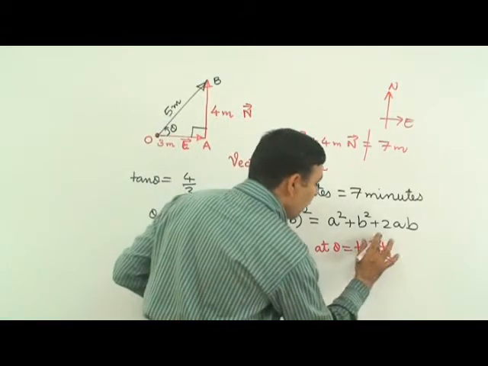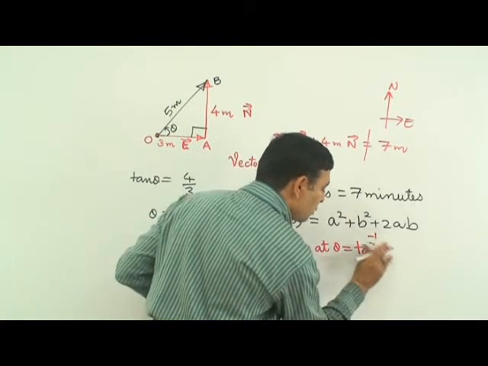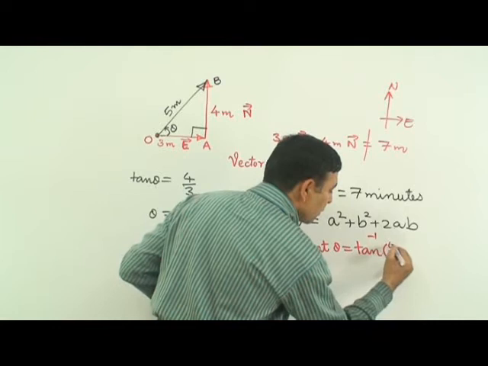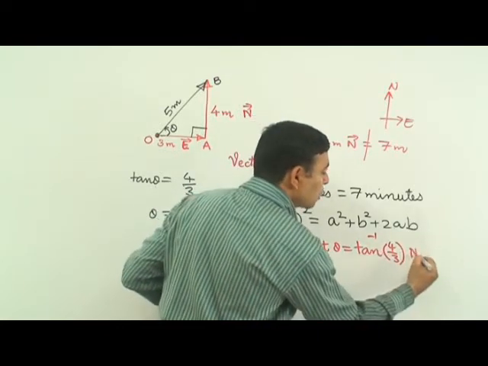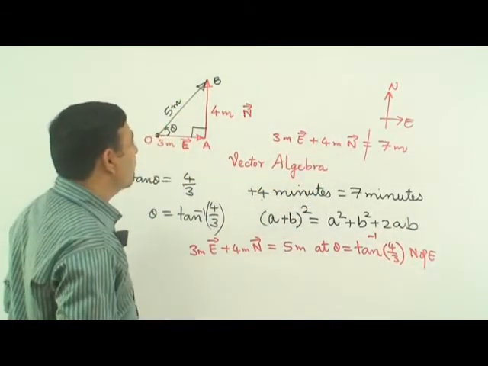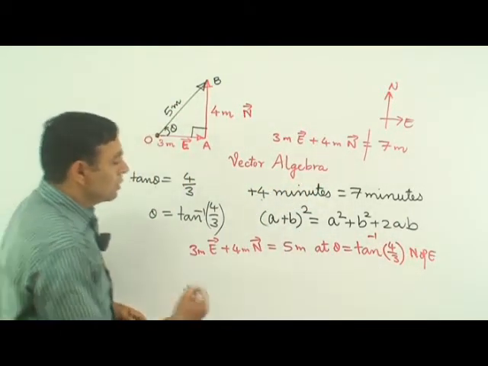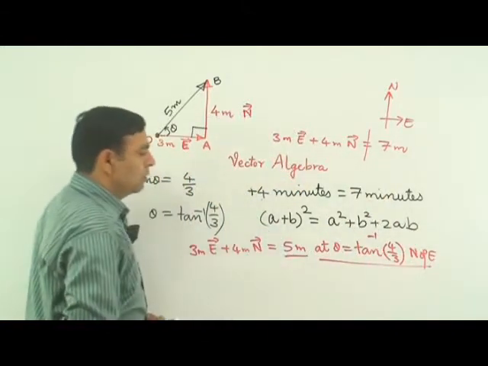Let me write this in a small bracket over here: tan inverse 4 by 3, north side of east. Something like this. So this becomes the magnitude and this becomes the direction of this vector.